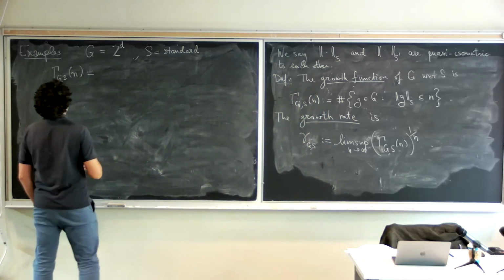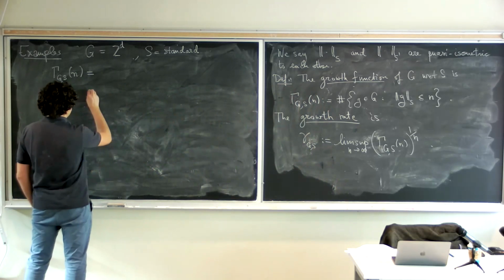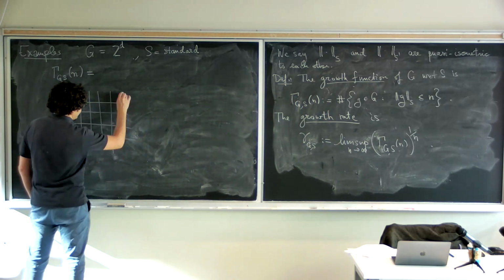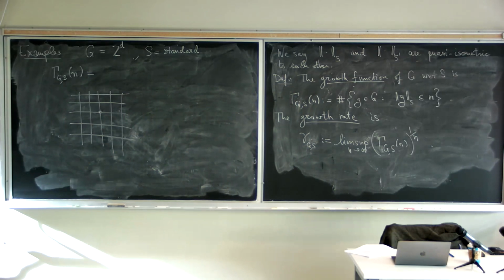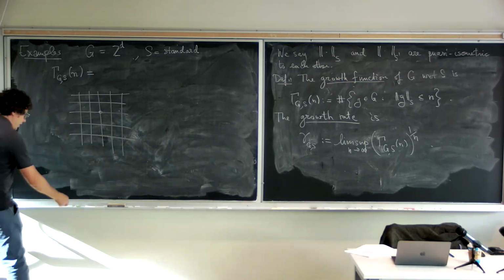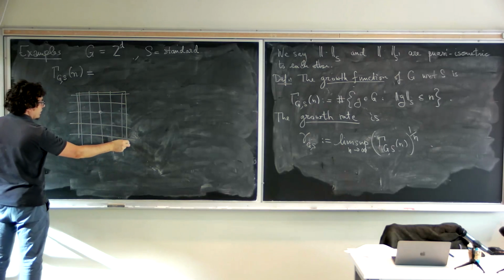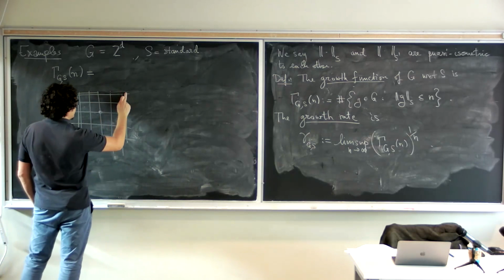What are the elements that can be reached in n steps from the origin? It's like the ball, depending on, okay, actually not this ball.